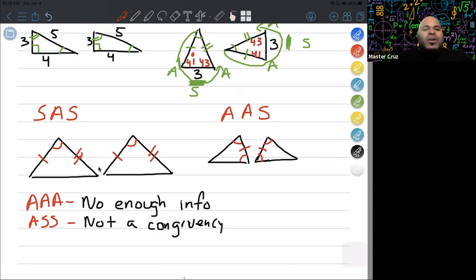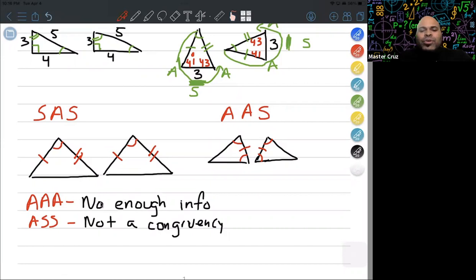So these are congruent triangles. Angle, angle, side is also a congruent triangle. If I move along a triangle and I find an angle, and right next to it the next side, and right next to it the next angle, it doesn't matter which direction I go, then the entire triangle is congruent.